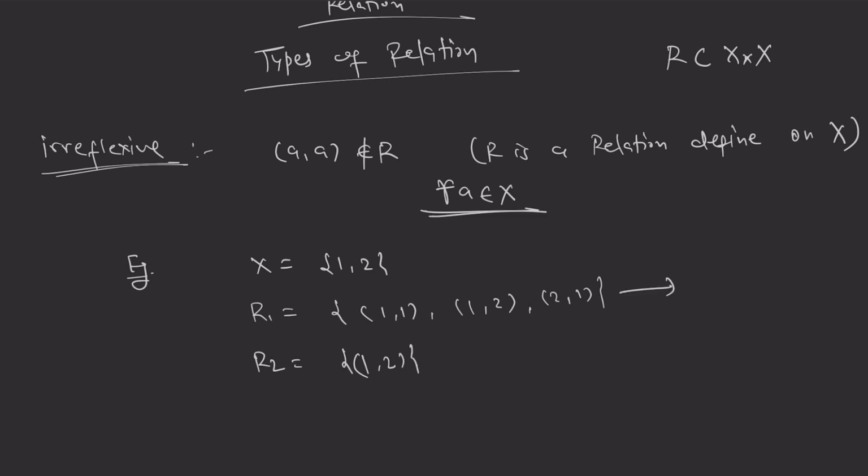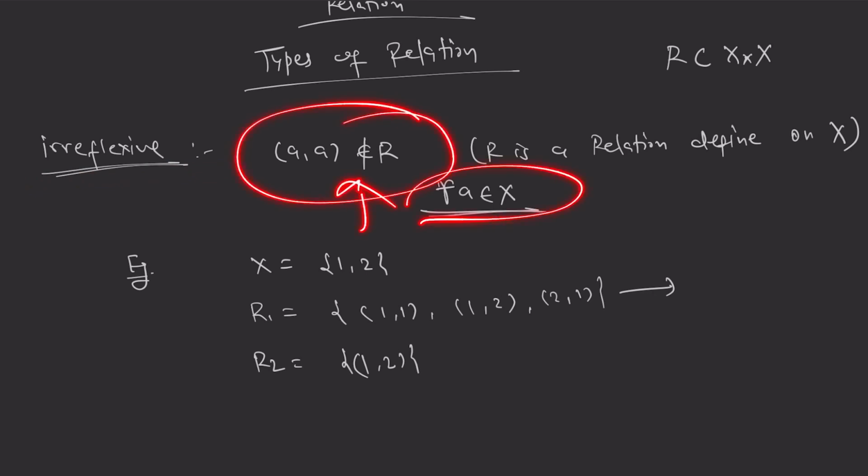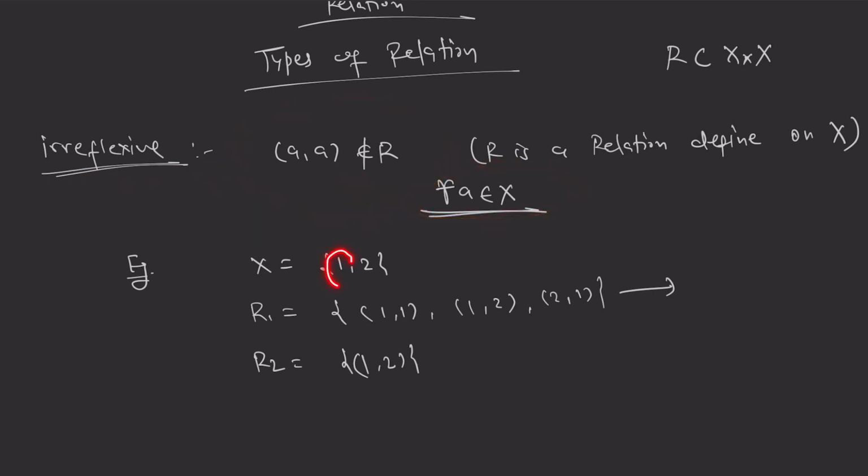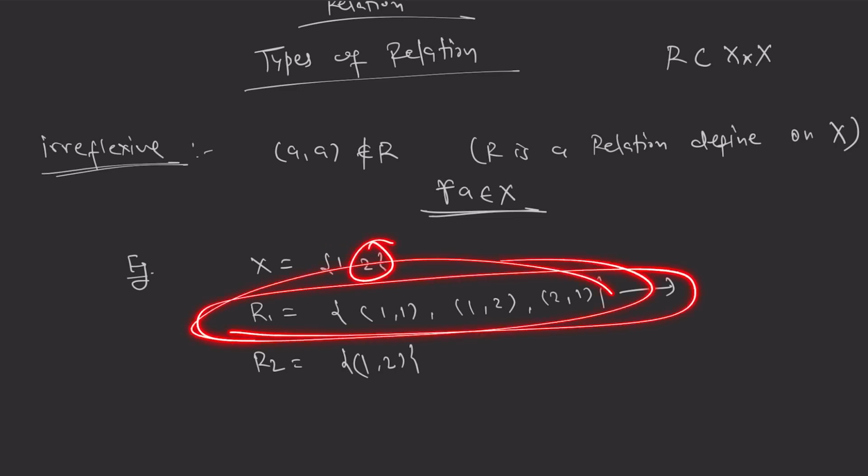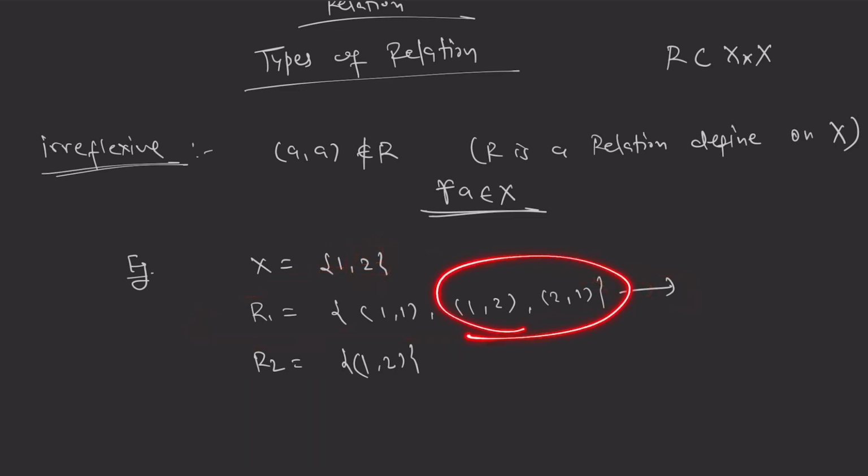So is R1 irreflexive? No, because 1 comma 1 is there. Irreflexive says that a comma a should not belong to R for all a. So 1 comma 1 should not be in the relation and 2 comma 2 should not be in the relation. Here 2 comma 2 is not there, but 1 comma 1 is there. So this is not irreflexive.